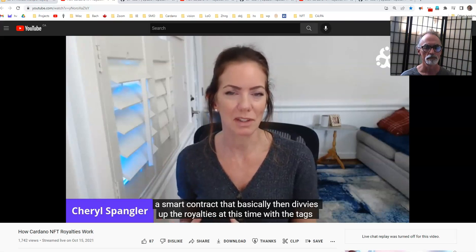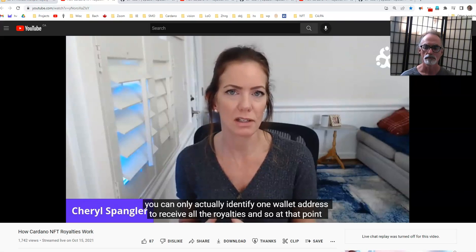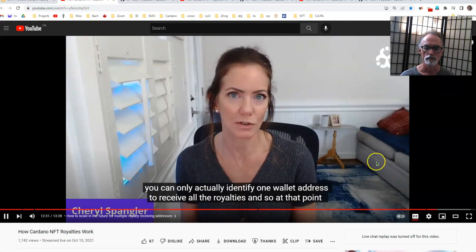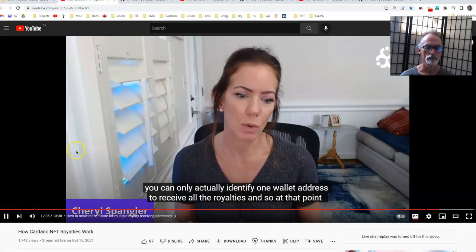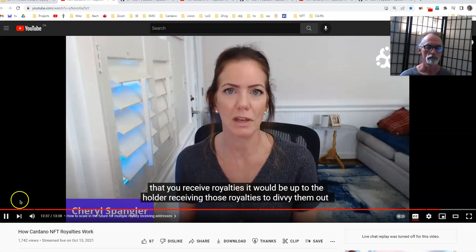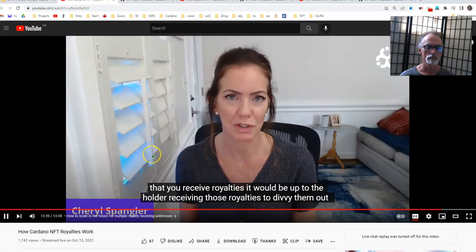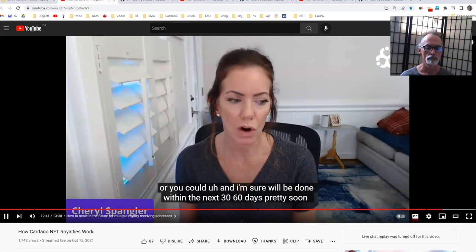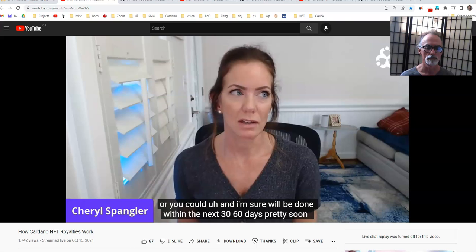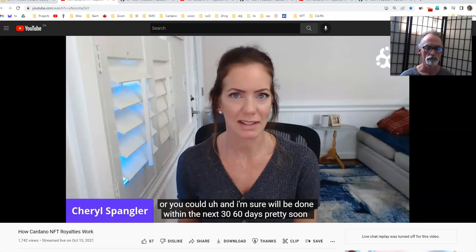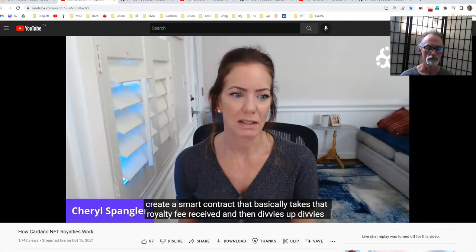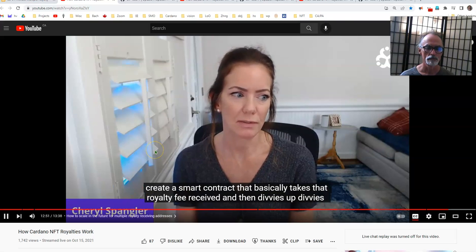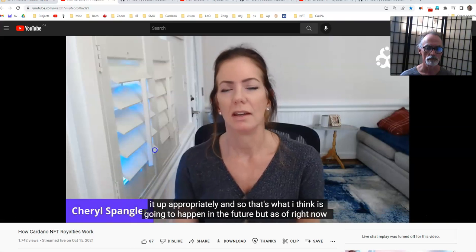At this time, with the tags, you can only actually identify one wallet address to receive all the royalties. And so at that point that you receive royalties, it would be up to the holder receiving those royalties to divvy them out. Or you could, and I'm sure we'll be done within the next 30, 60 days, pretty soon, create a smart contract that basically takes that royalty fee received and then divvies it up appropriately.